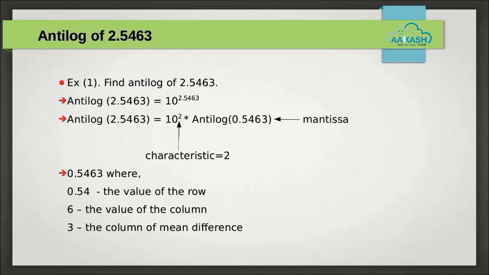In the mantissa 0.5463, 0.54 is the value of the row in the antilog table, 6 is the value of the column in the antilog table, and 3 is the column of the mean differences in the antilog table. So let's look into antilog table and find out the respective values.